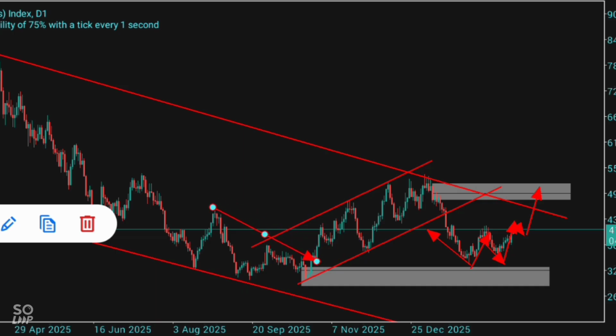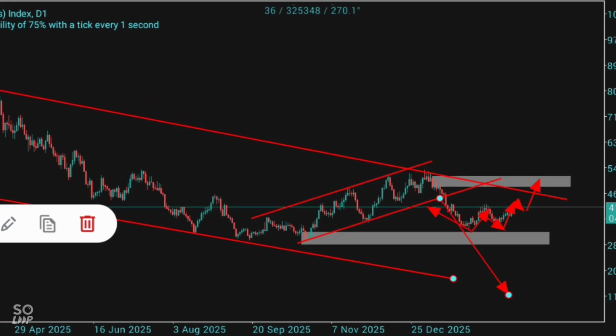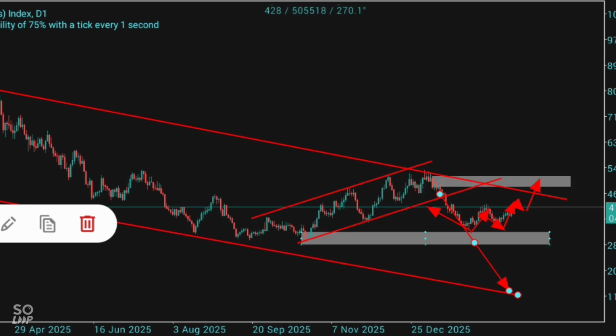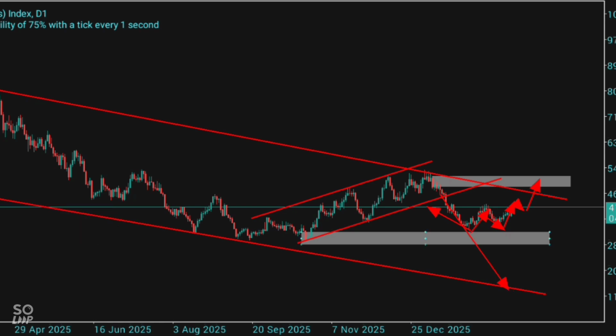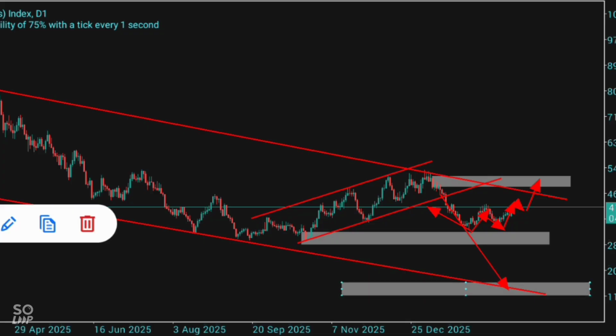The first area of confluence there plus that length, and the second TP will be here, to that other lower trend line.